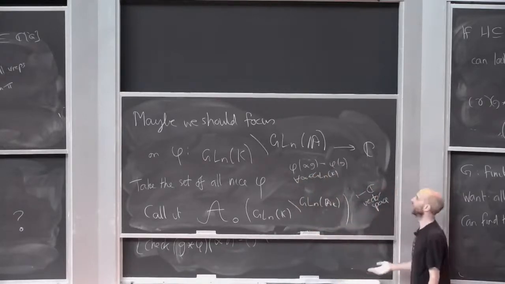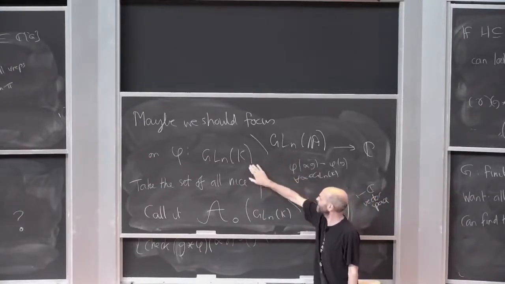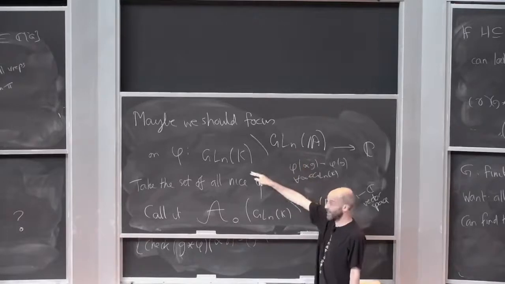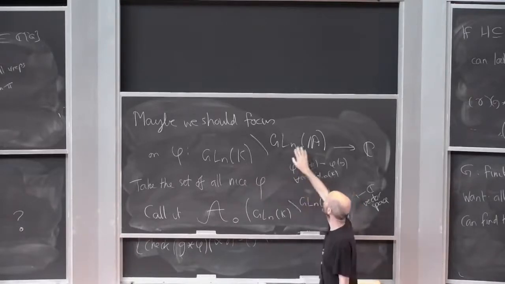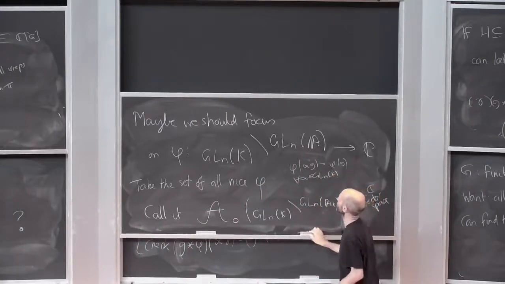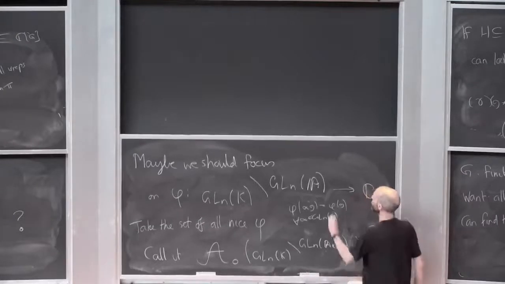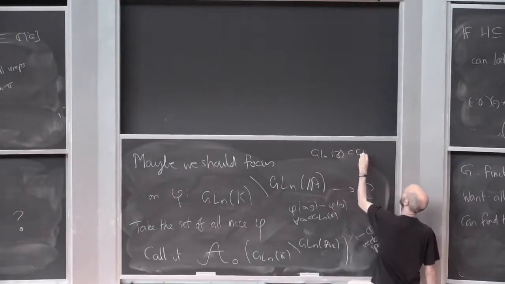That's another way of thinking about what this function means. What is a function from this weird quotient? This isn't normal in here, you understand this. For GL1 it is, but for GLN, this is some random discrete subgroup living in here. If you want to get some feeling for how GLN of K looks in GLN of A, then you should think about GLN of Z living in GLN of R.